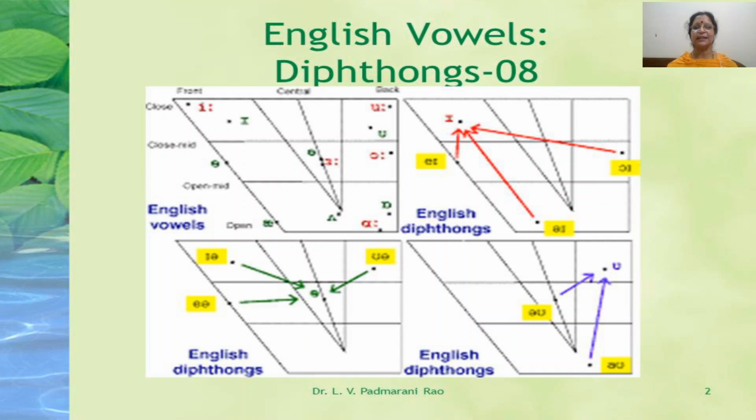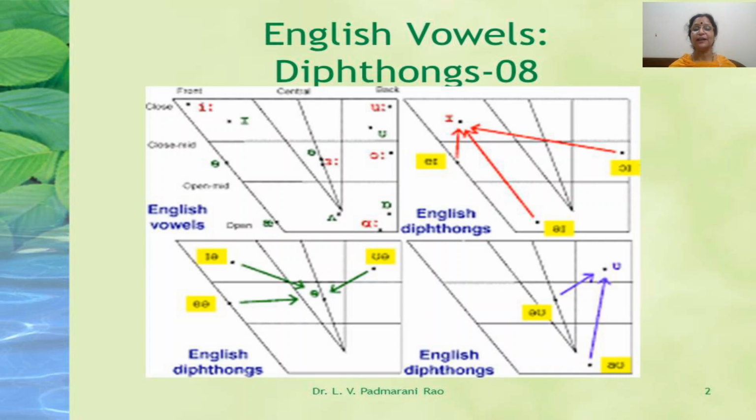Now look at the third diagram, which is in the second row and extreme left. We have three glides here. These are the three glides: A, E, and U. Can you make out? Yes. If you look at the glide length, don't you think all the three are narrower? Because they are traveling only two compartments, from the front to the central, from the back to the central, and that's it.